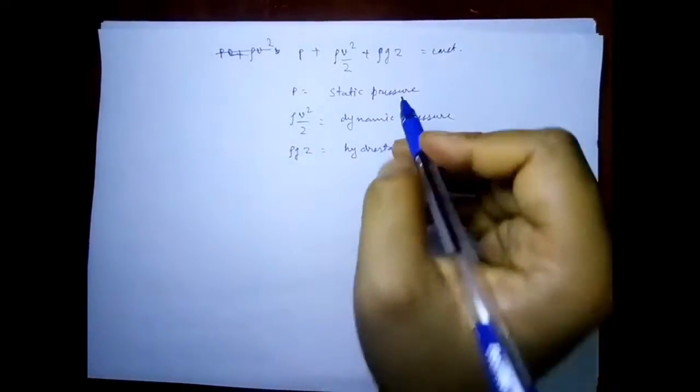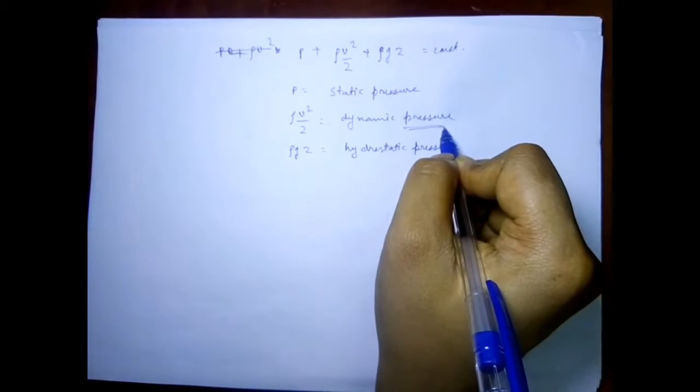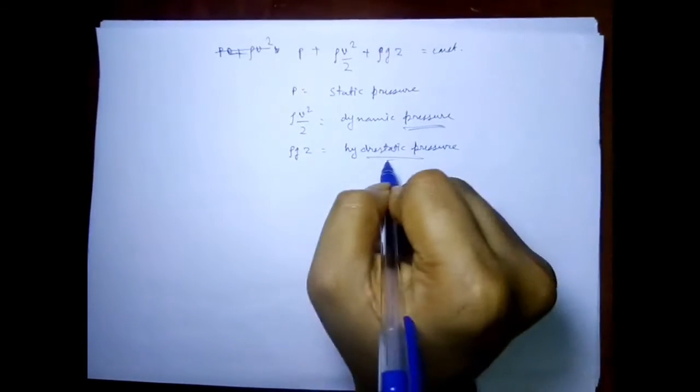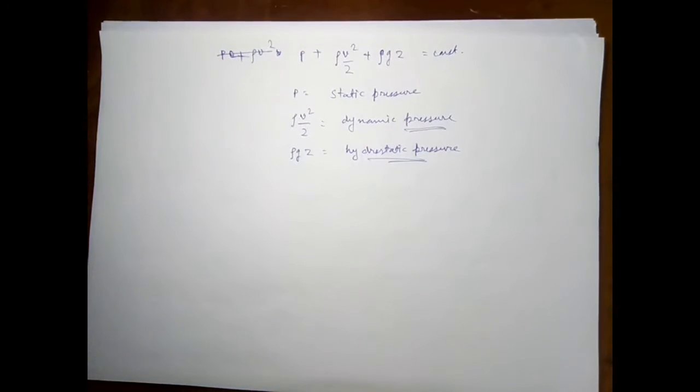So the dynamic pressure is the pressure rise when the fluid is brought to rest, and the hydrostatic pressure is the effect of fluid weight on the pressure.